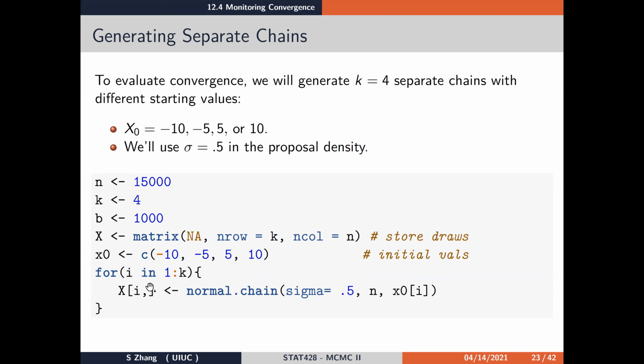So you can see depending on the chain index, the starting value will be different. The starting values are really far away for these 4 chains. Our question is: are 15,000 iterations sufficient for all of them to get to somewhere close to the stationary distribution, or the target distribution normal(0, 1)?